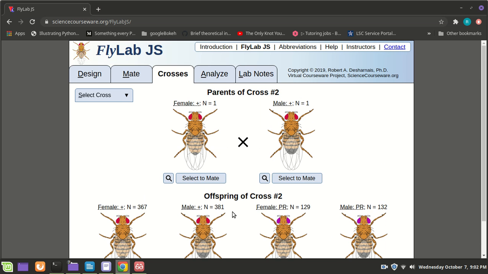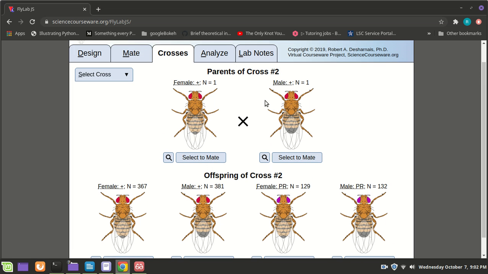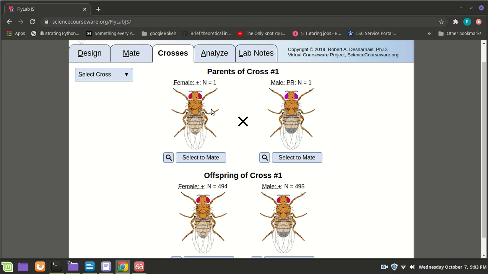So by doing this cross, we've proven that the purple mutant allele is recessive. And how we did that was, what was our first cross? It was a purple-eyed fly, which must have been homozygous recessive, and a female homozygous wild type.